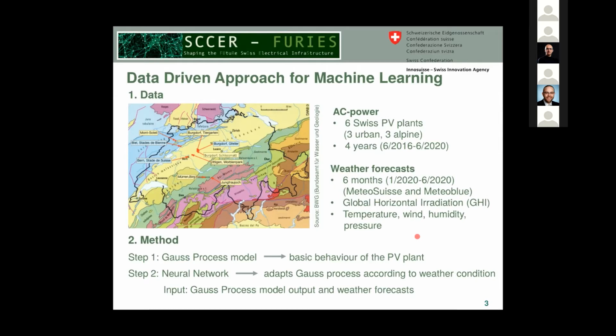Having these 2 different data types at hand, we also chose a 2-step approach for the development of the prediction algorithm. First, we take the AC power recordings in order to model the basic behavior of the PV plant by Gaussian processes. With the recorded data, we model things like inclination, orientation, efficiency of the inverter, and so on.